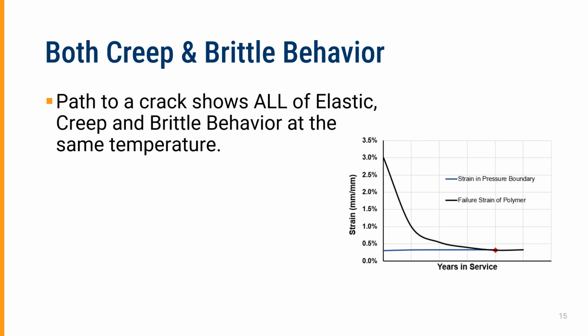What we have is creep producing this curve, and brittle behavior and fracture occurring here. So these polymer materials in particular, and the glass materials as well, can show this, that we can have a fairly significant change.